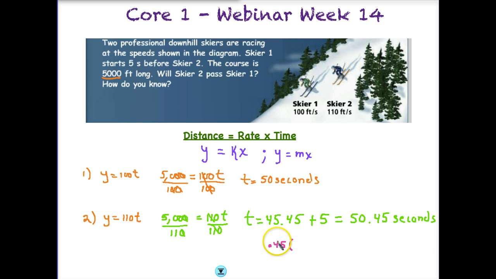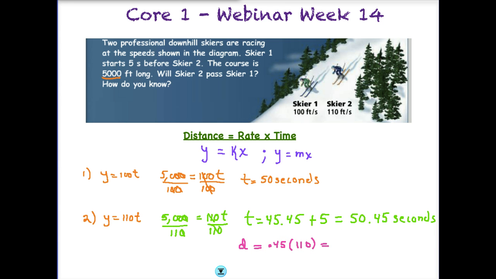So here's our time, and what is the rate of skier 2? His rate is 110, and since this extra 0.45 seconds relates to him, we can multiply to figure out how far away he was. So distance equals our rate, 110, times our extra time of 0.45.